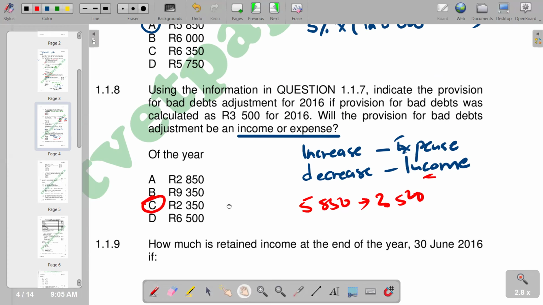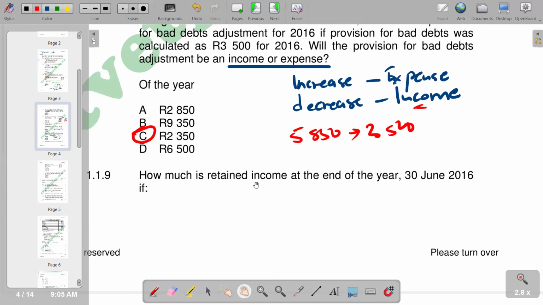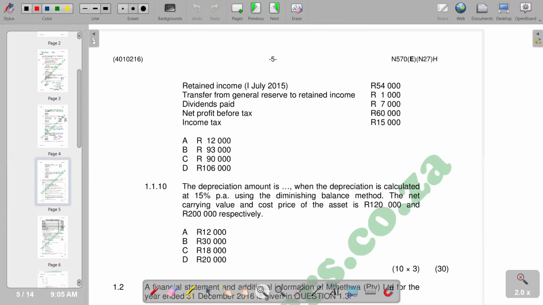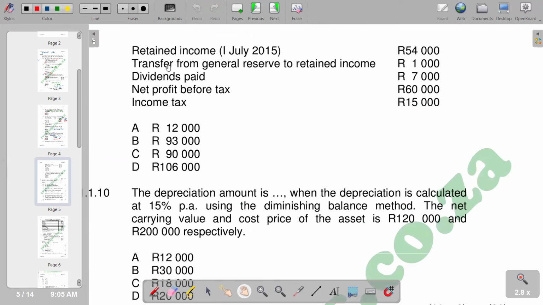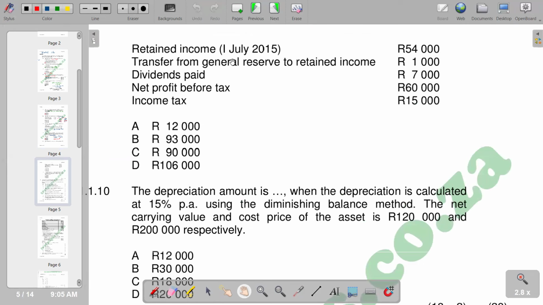So moving on to number 9, how much is retained income at the end of the year, 30 June 2016, if you are given this scenario. We are given the retained income at the beginning, and then we are given a transfer from general reserve to retained income. This one is a transfer, so it's going to be a plus to the opening balance. The dividends paid, obviously, are going to be a subtraction, and the net profit before tax is going to be an addition.